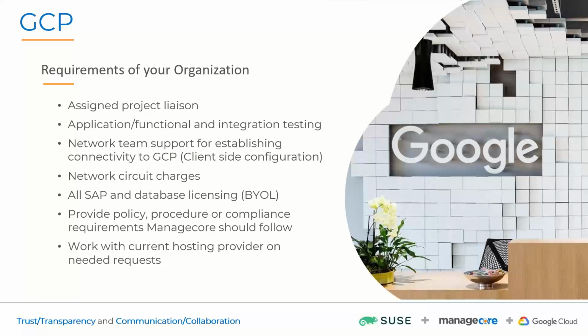Notice I didn't put OS licensing because that generally is brought through GCP. So Managecore definitely recommends just buying the licensing through Google Cloud Direct. That allows you to make sure you're compliant when running your OS in GCP.